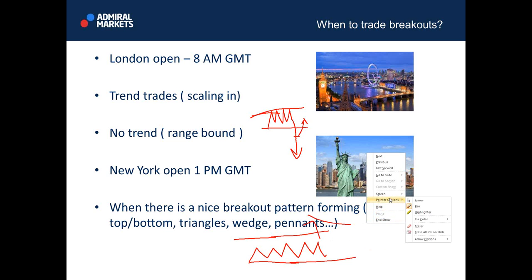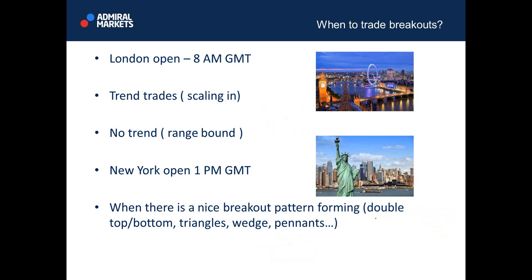Okay? Every one of those chart patterns, double top, double bottom, triangle, wedges, pennant, every single one of those breakout patterns is tradable, guys. Okay? Double top. You know what a double top is.